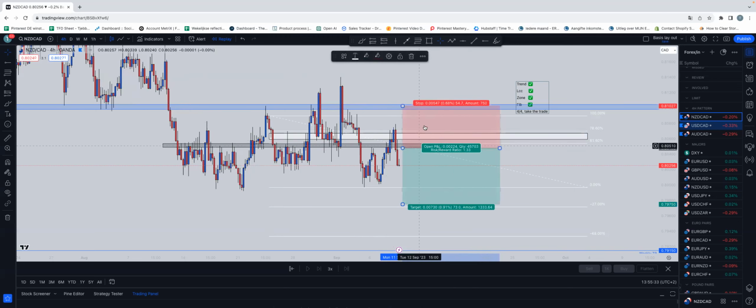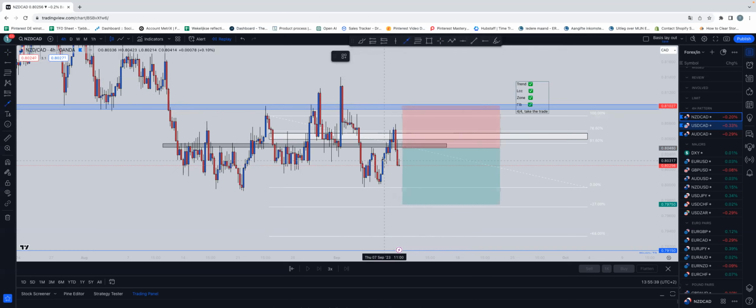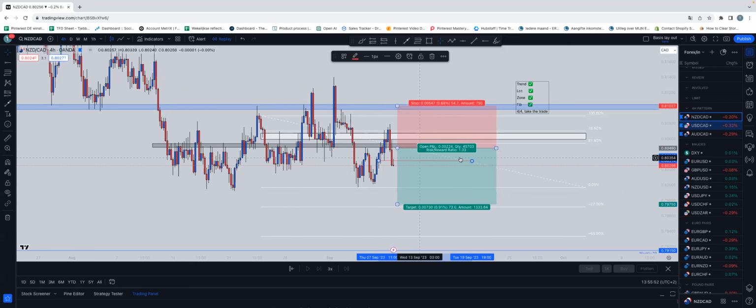And then the last thing that I want to see, we had a break of structure right here, because this was a new high right here. So this was the last low in my eyes. So we have a break of structure.